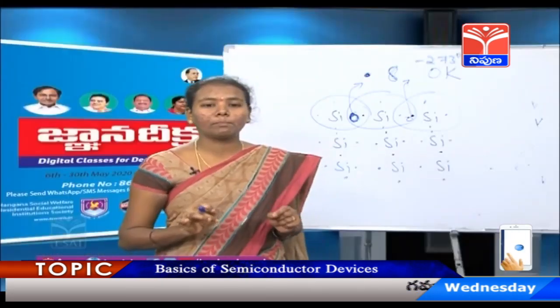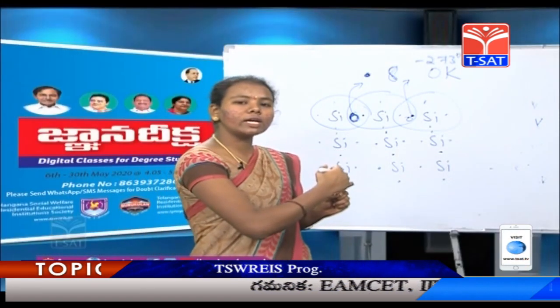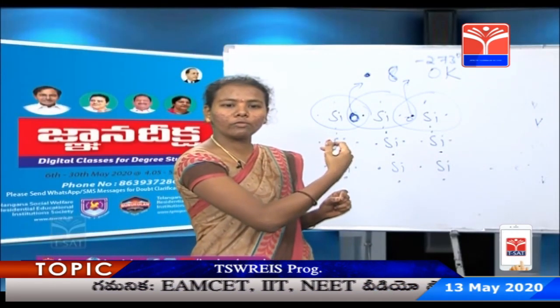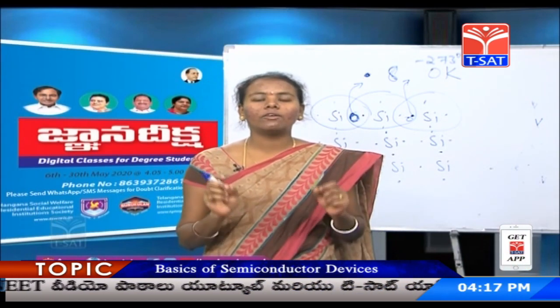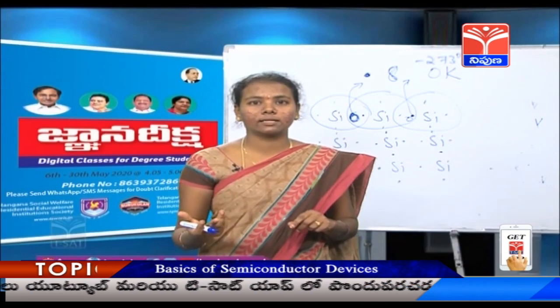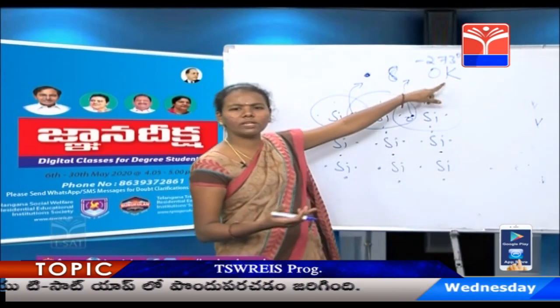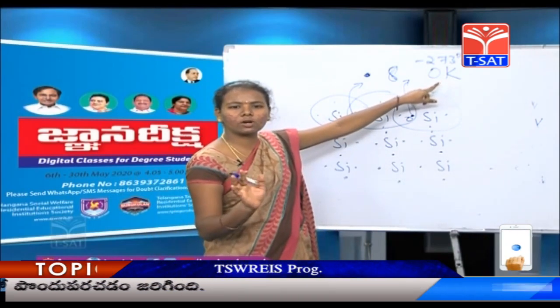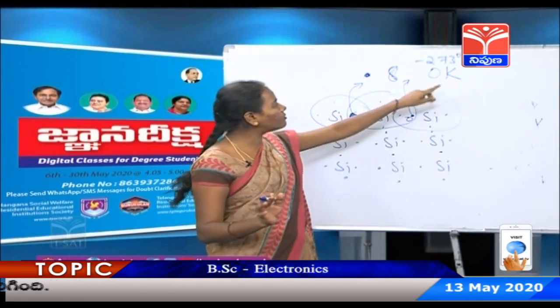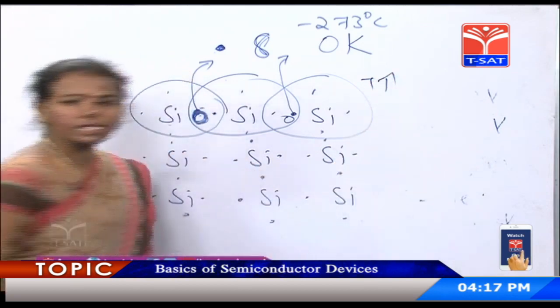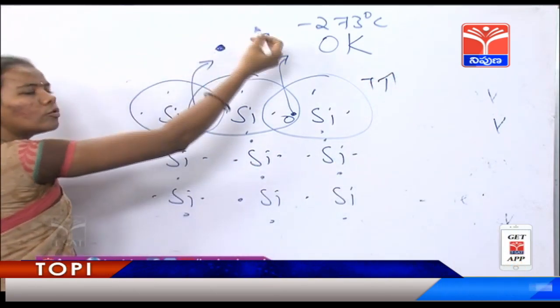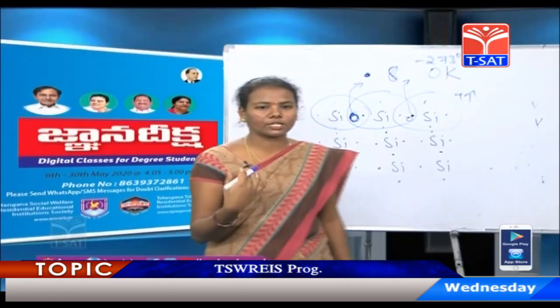This happens when the temperature is increasing. At 0 Kelvin, there are no free electrons and free holes. When the temperature increases, these electrons move out for conduction.